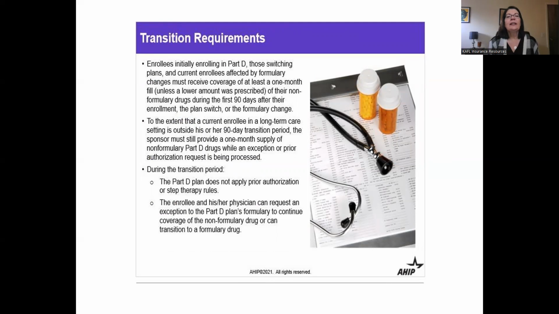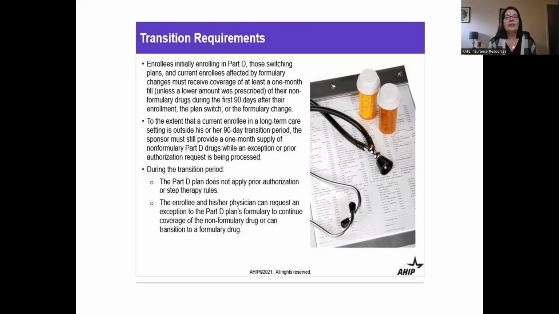So transition requirements. Somebody's initially enrolling in Part D or switching plans, and there's a formulary change. They have to receive coverage of at least 1 month fill of the prescription, unless they normally get less than a month during the first 90 days. And then that is to potentially transition them to a different drug. If the person's in a long-term care setting and they're outside of their 90-day transition period, then they still have to provide a 1-month supply, while an exception or prior authorization.